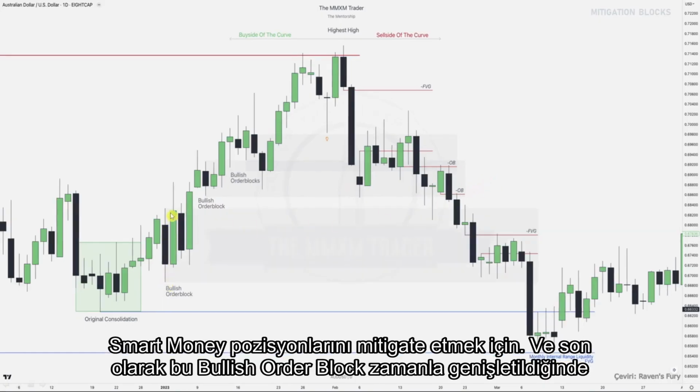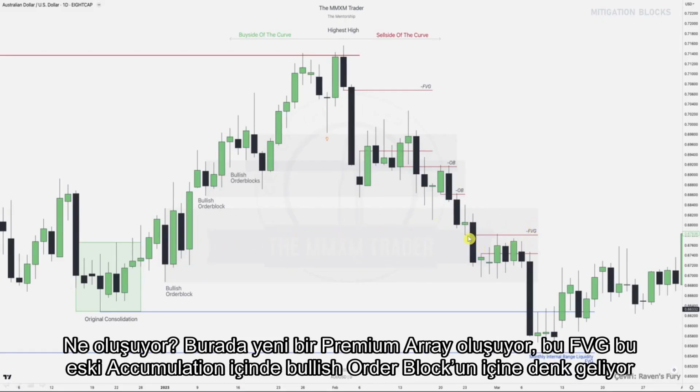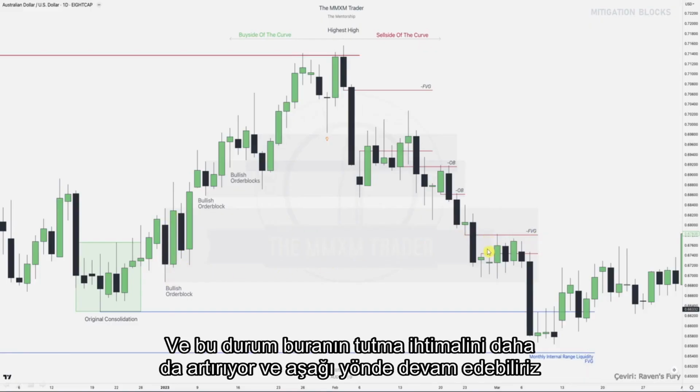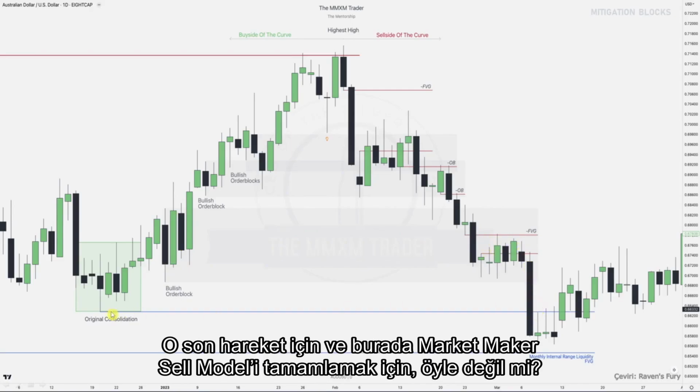And lastly, this bullish order block extended out in time. We are forming a new premium array over here, right? This fair value gap inside this old accumulation, this bullish order block, makes it even more probable this will hold and we can continue down for that last push, completing that market maker sell model down here.